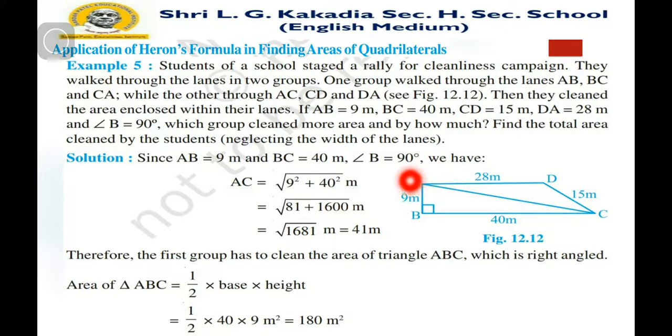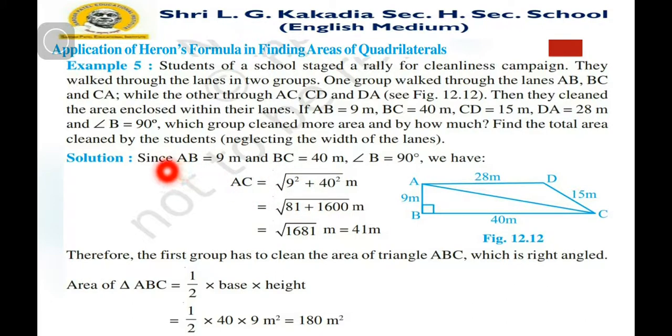How can we find AC? As you can see here, ABC is a right triangle. So by using the Pythagoras theorem, we can find AC. After that we have all the sides, then we can easily find the area of both triangles.